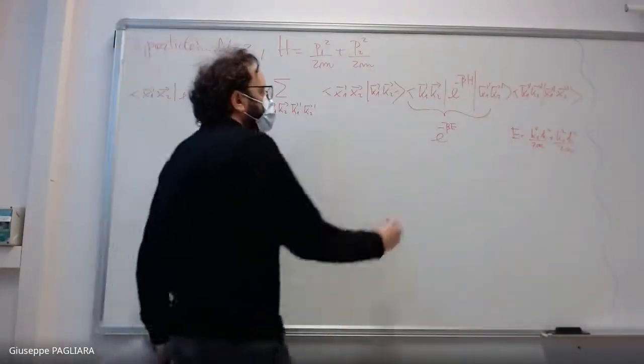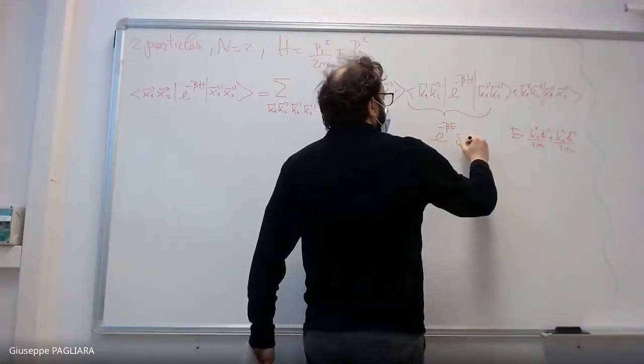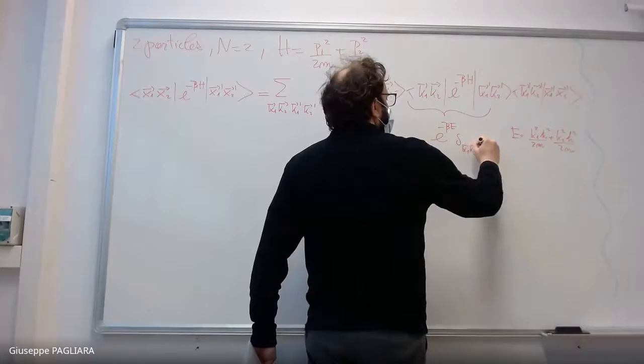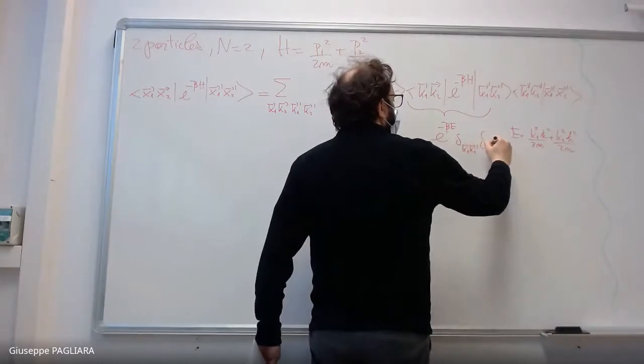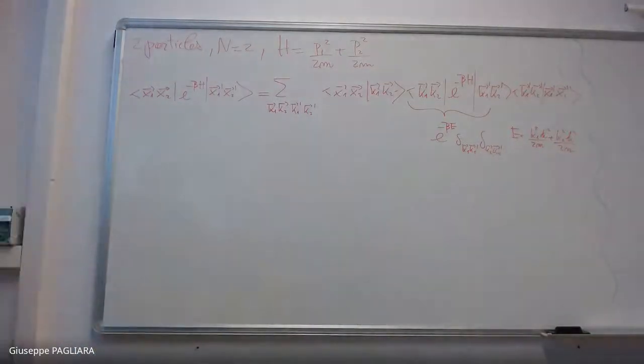And then I have a delta, that's a delta 3 of K1 prime, delta 3 of K2 prime.